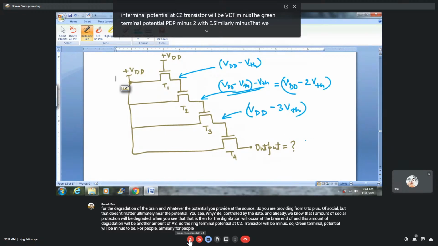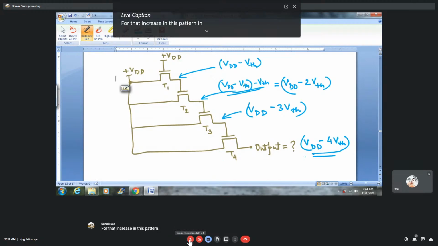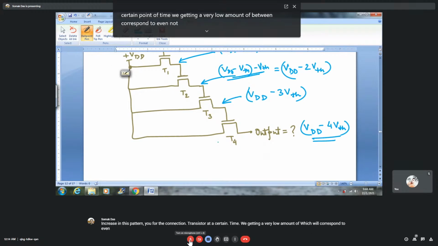And we will be receiving at the output a potential of VDD minus 4 VTH. So if you further increase in this pattern, you further connect transistors, at a certain point of time you will be getting a very low amount of potential at the output, which will correspond to even not passing the exact logic from the source end to drain.